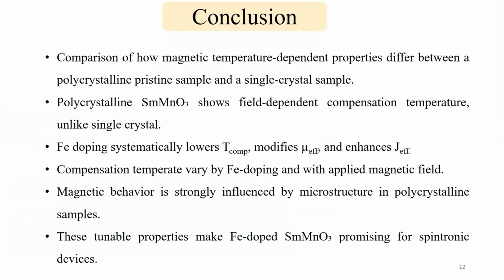So our conclusion is, when we compare how the magnetic temperature dependent property differs between a polycrystalline sample versus a single crystal sample, polycrystalline SmMnO3 shows a field dependent compensation temperature, which is not shown by a single crystal.